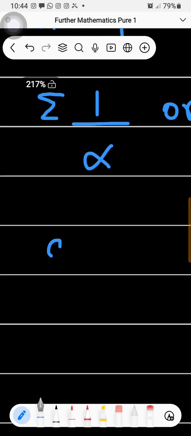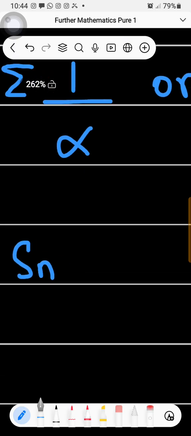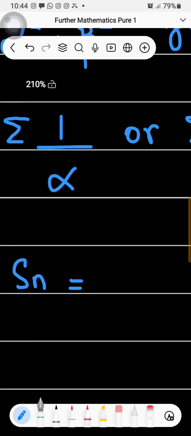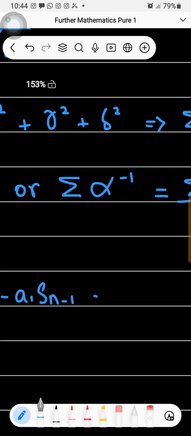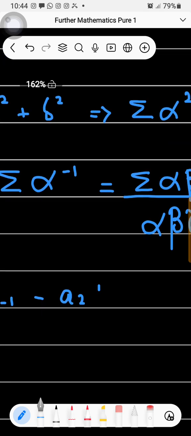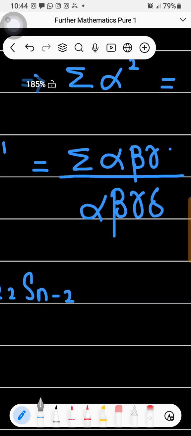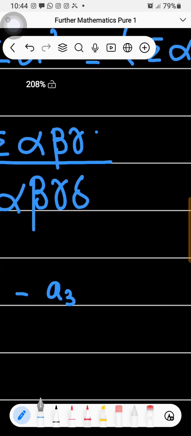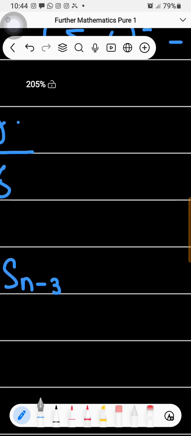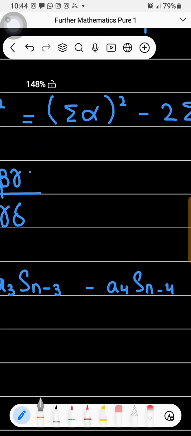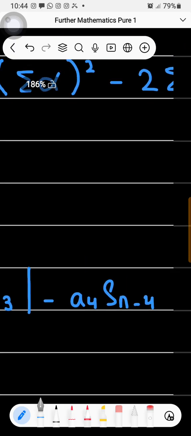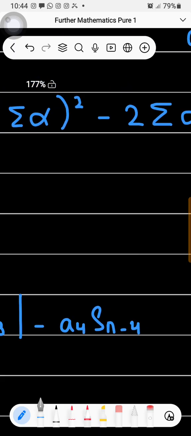Then we learned that if the question asks for S3, S4, S8, S12, S16, we will have one formula: Sn equal to minus A1 Sn minus 1 minus A2 Sn minus 2 minus A3 Sn minus 3 minus A4 Sn minus 4. In cubic, we had this formula till A3. When the equation becomes quartic, we add this also.